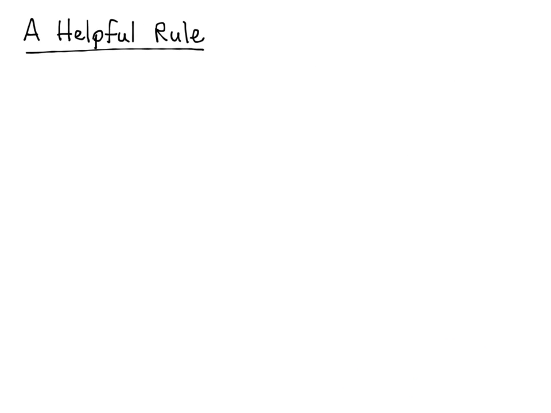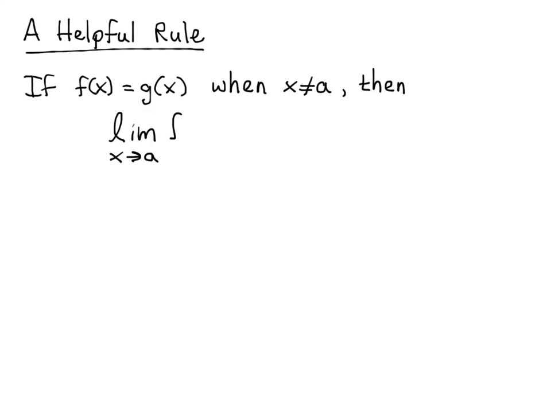Okay, so now here's another rule, and this one's a helpful rule, and it's going to help us out with that case where we have 0 over 0 in a lot of things. This will look kind of odd. If f of x equals g of x when x doesn't equal a, then the limit as x goes to a of f of x equals the limit as x goes to a of g of x.